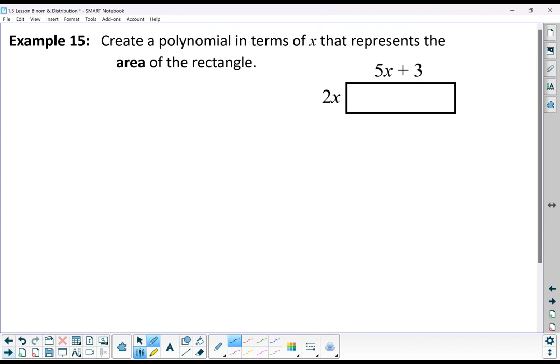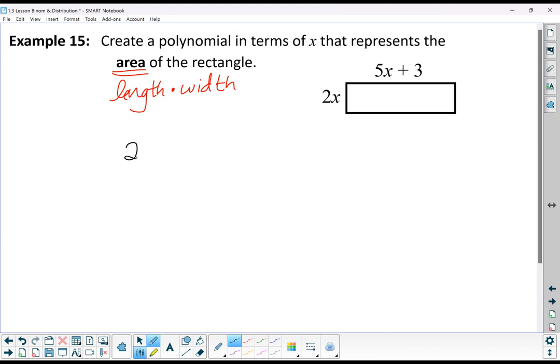Here our instructions say create a polynomial in terms of x that represents the area of the rectangle. Remember that area for a rectangle is length multiplied by width. So I want to multiply together these two polynomials.